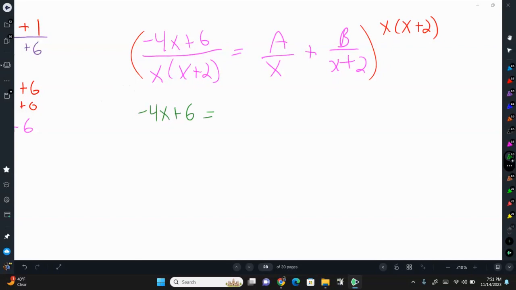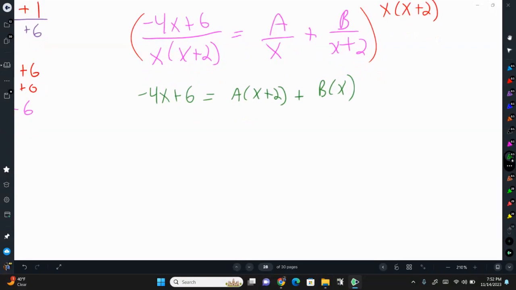So now we multiply it to the a over x. The x's will cancel, so we'll have a times x plus 2. And then we just do the same to the b term, plus b times x. So then we will evaluate it at convenient numbers.